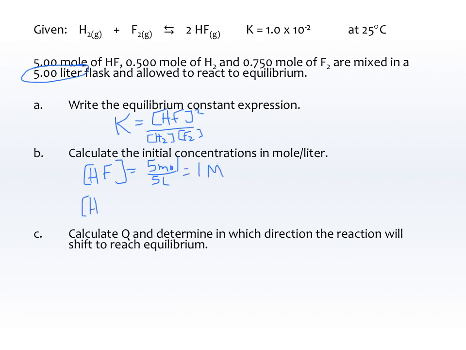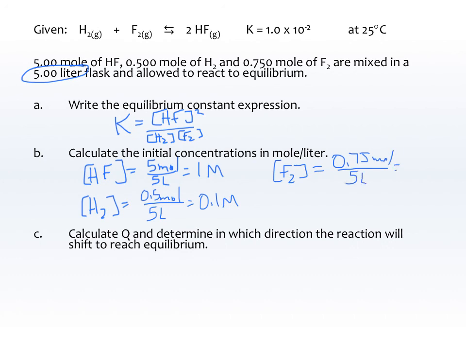Concentration of H2 is 0.5 moles divided by 5 liters, which is 0.1. And the concentration of F2 is 0.75 moles divided by 5 liters, which is 0.15 M.